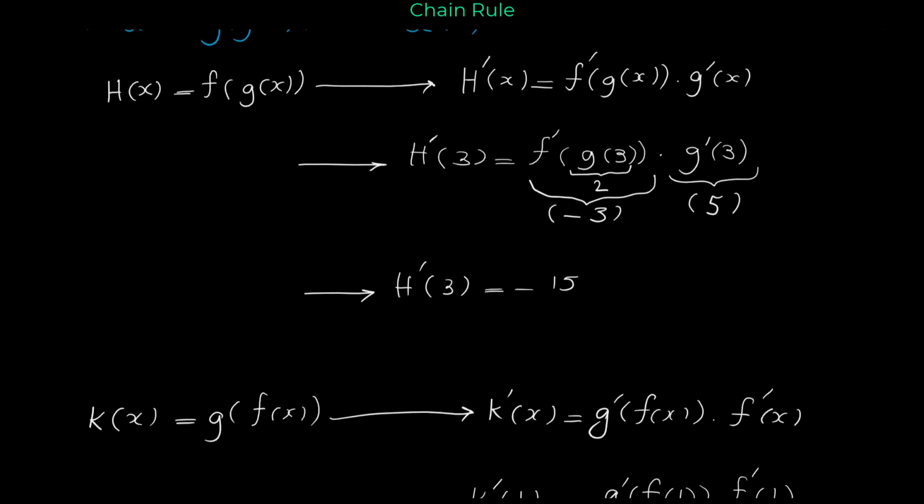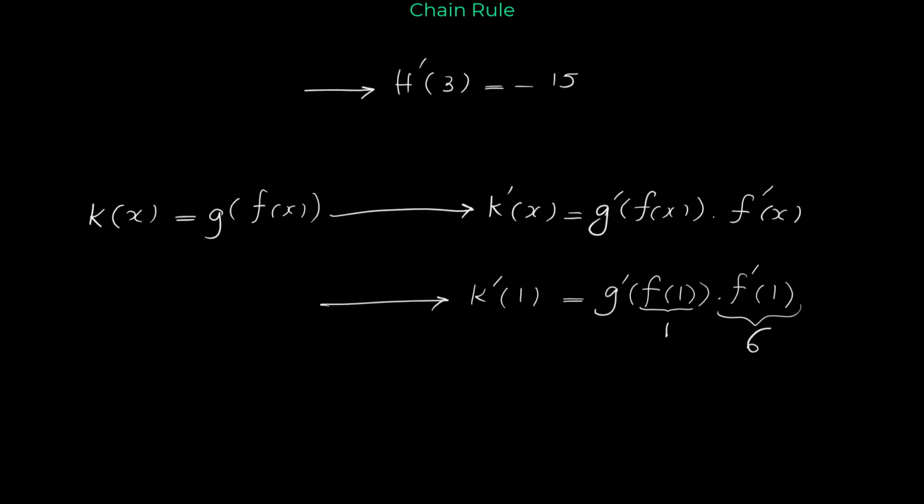So the value of g prime of 1 is -4. If we multiply -4 by 6, we get -24 as the value of k prime of 1.